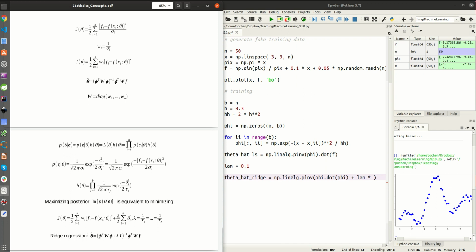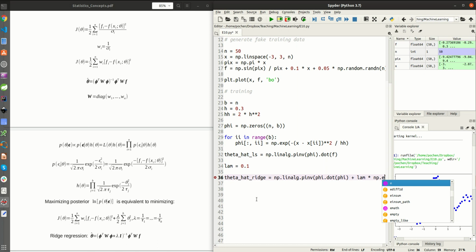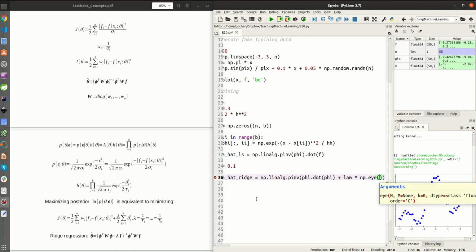So phi is a square matrix, right? It's n by n. So n by n times n by n, that's n by n, right? So it's lambda times the identity matrix np.eye. That's going to give me the identity matrix. And then what's going to be the dimension of it, right? It's going to be n. That's going to be the dimension of this identity matrix, right?